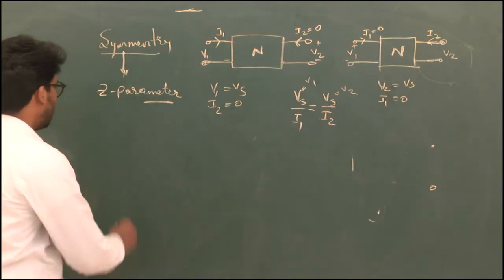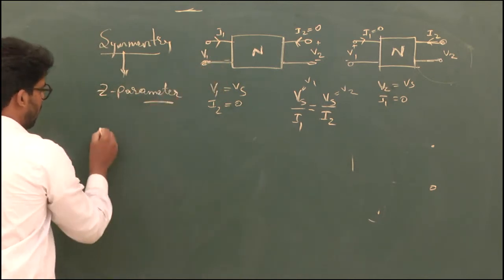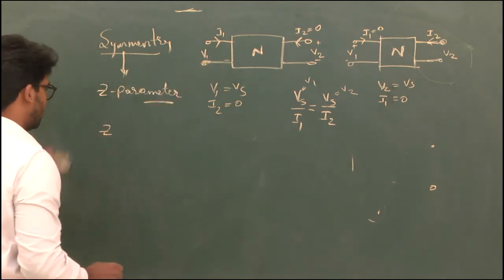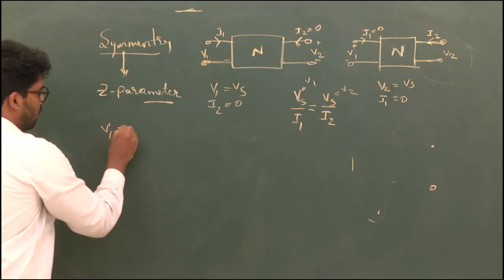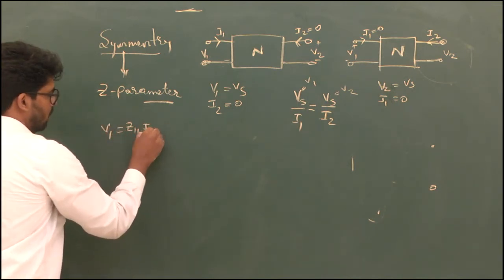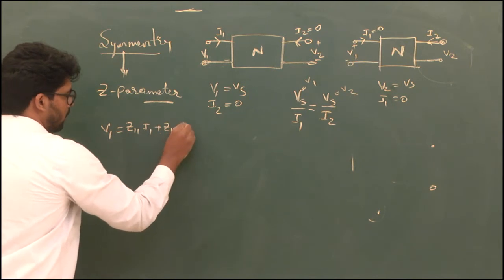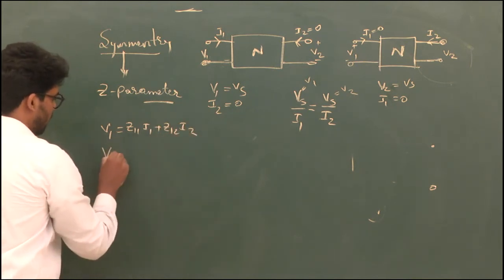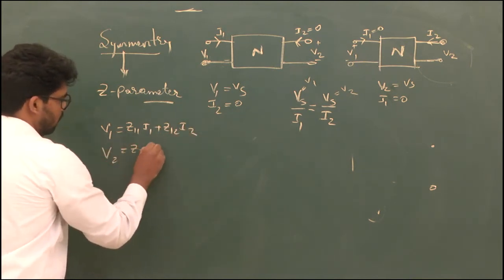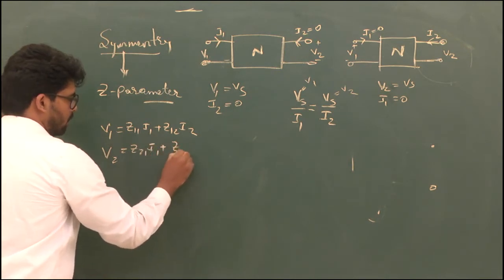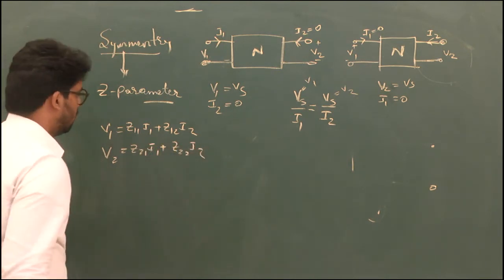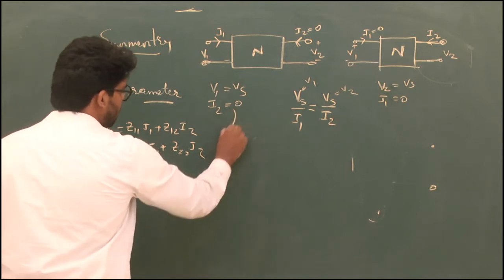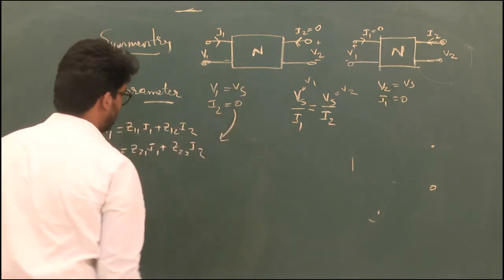For this circuit, the Z parameters are V1 equals Z11 I1 plus Z12 I2, and V2 equals Z21 I1 plus Z22 I2. Let us call these equation 1 and equation 2. Substitute these assumptions for this experiment circuit.